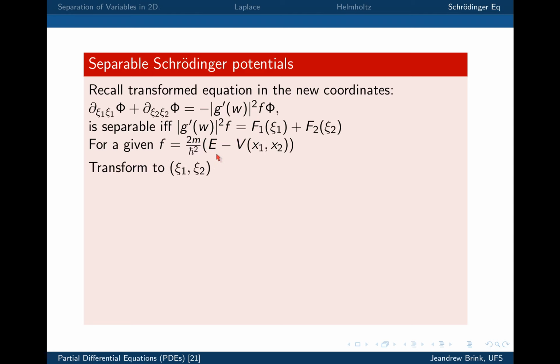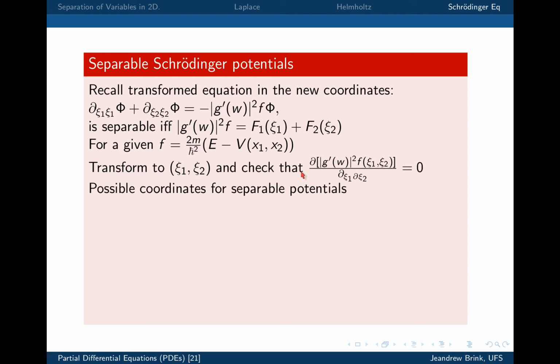We transform to C1 and C2 and check that that thing is 0. It's necessary for the thing to be a subset of all the separable coordinates for which Helmholtz is separable. So you only have to check all those things we had on the previous slide. That's important.